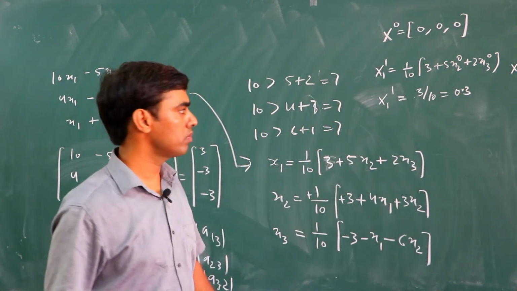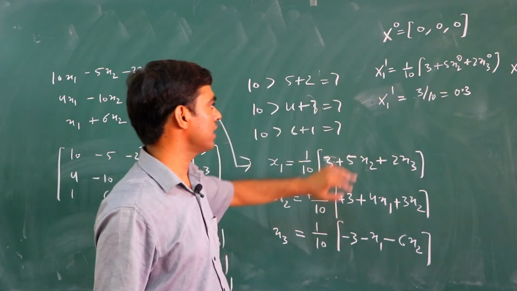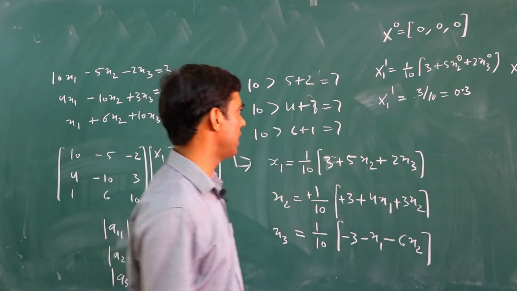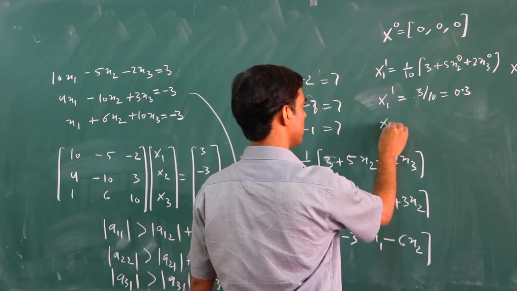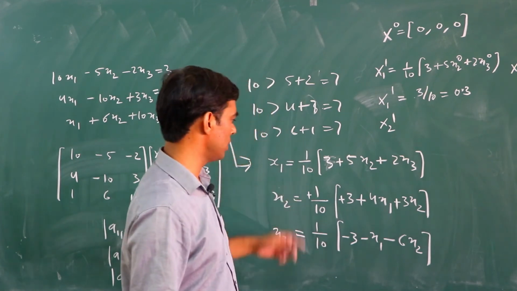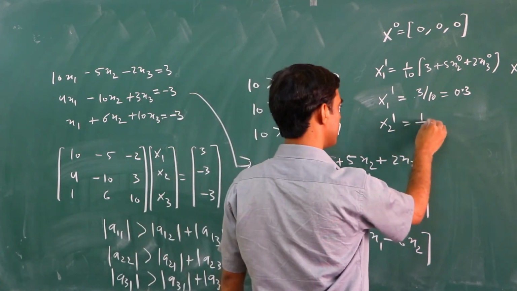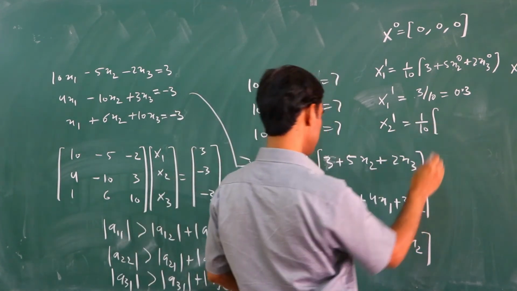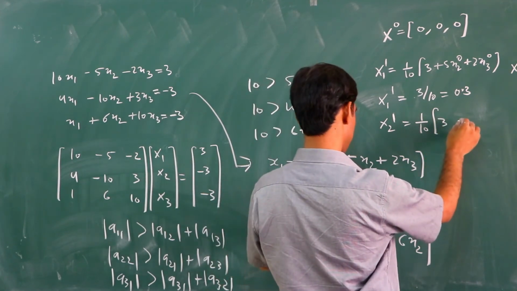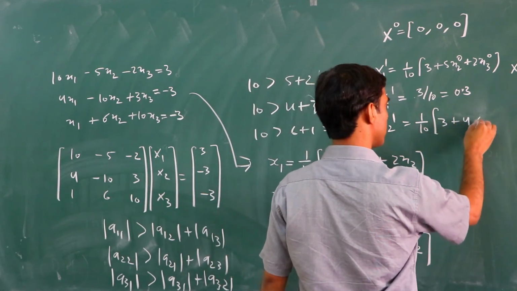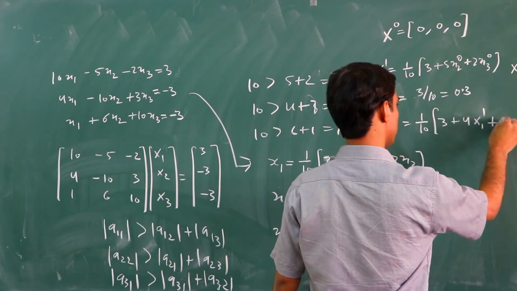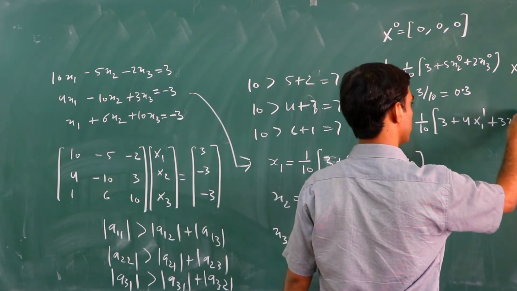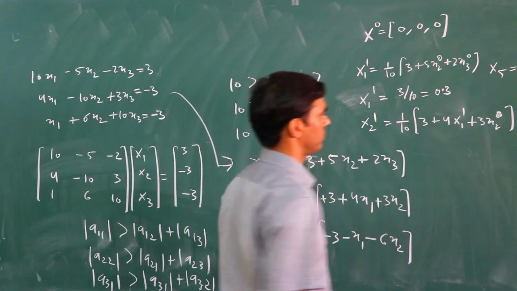This one is the value of x1^(1). To find the value of x2^(1), we use the value of x1^(1). So how do we find x2^(1)? x2^(1) becomes 1/10 (3 + 4x1^(1) + 3x2^(0)), where x2^(0) is the initial value.